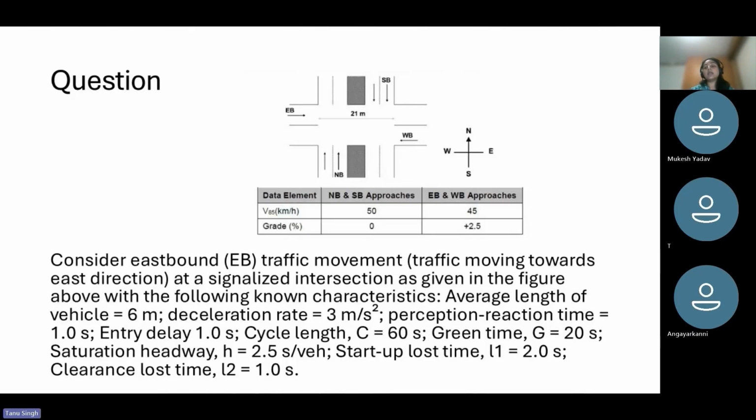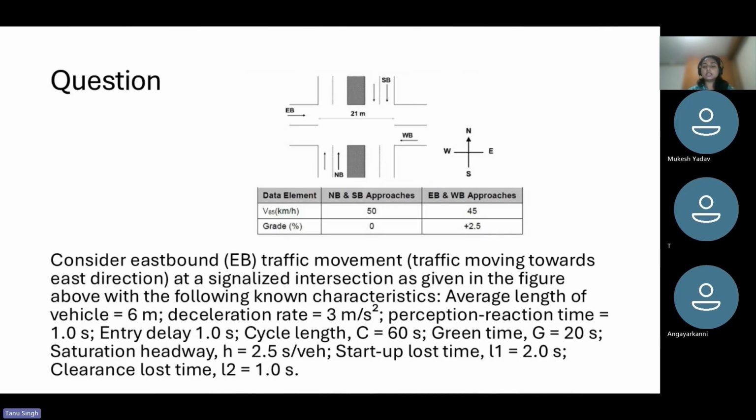Startup loss time L1 is 2, clearance loss time L2 is 1. V85 for NB and SB approaches is 50, whereas for EB and WB it is 45. Grade is 0 for southbound and northbound, whereas grade is plus 2.5 for eastbound and westbound.